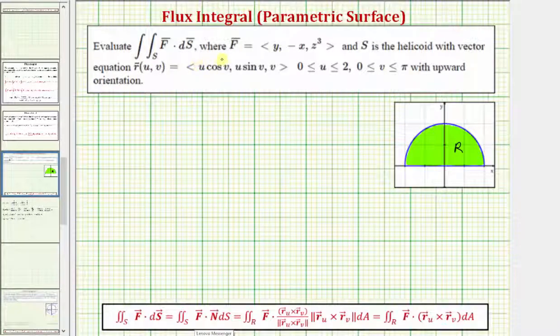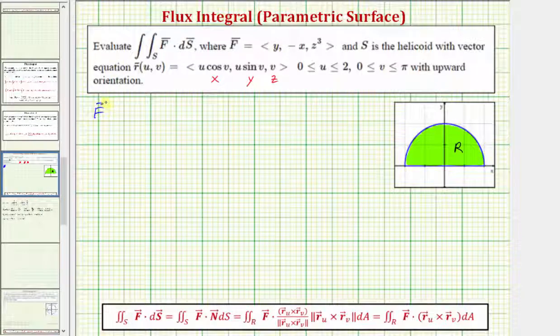So going back to our work, again we're going to set this up as a double integral over the region R, but the first thing we need to do is write the vector field F as a function of u and v, since dA is equal to du dv or dv du. Looking at r(u, v), notice how x equals u cosine v, y equals u sine v, and z equals v.